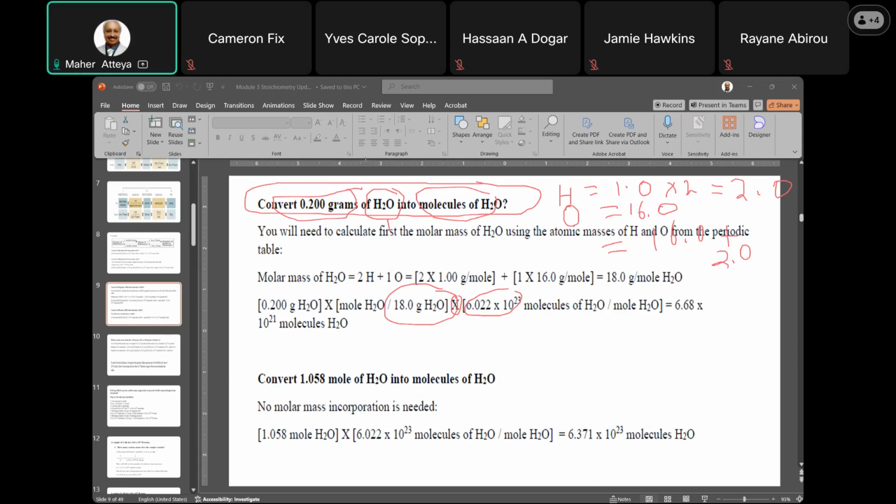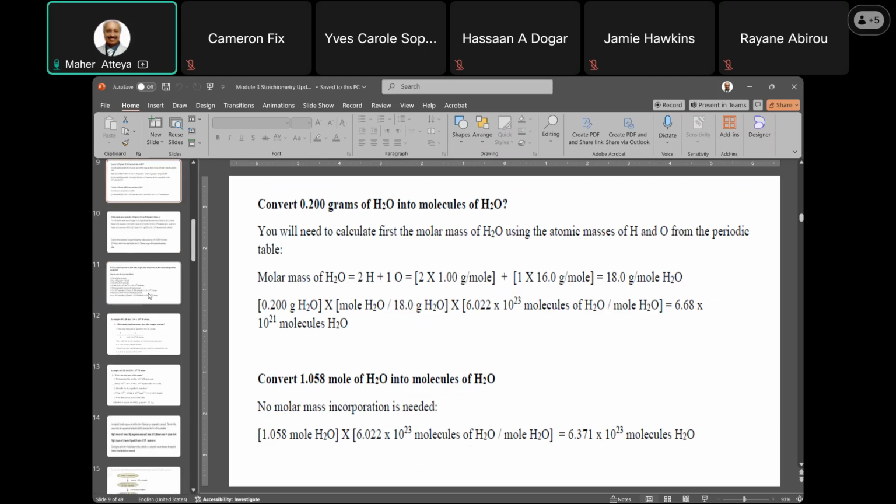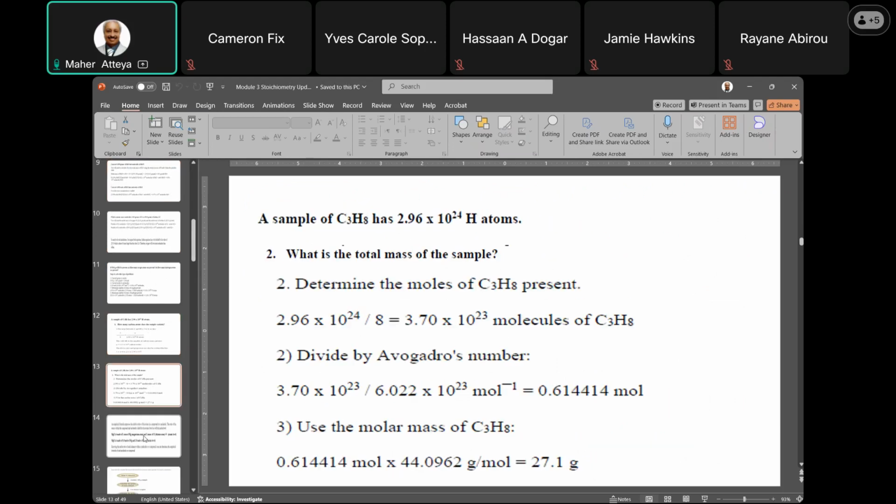We will go now to the topic called the empirical formula. Well, what is the empirical formula? It turns out to be the empirical formula versus the molecular formula. You can look at those examples.